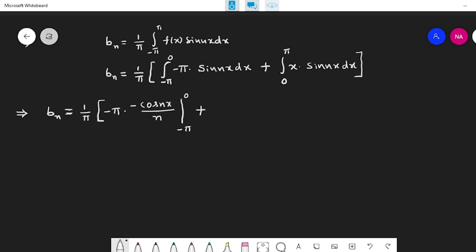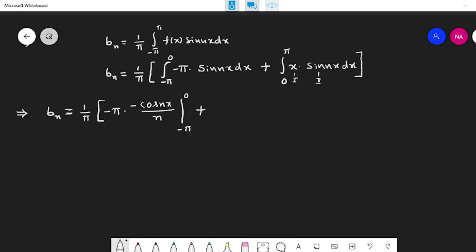Plus, now here we have product of two terms. x into sin nx we have. x being an algebraic function, this we need to consider as first function, and sin nx will be obviously second function. So first we need to identify first and second function. Then you have to apply Bernoulli's rule of integration. How can we apply Bernoulli's rule?